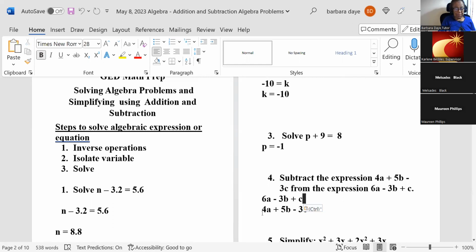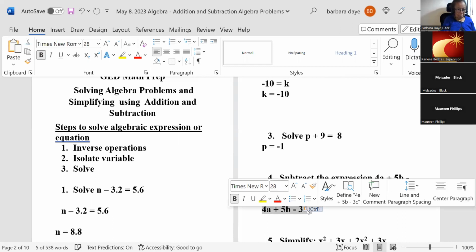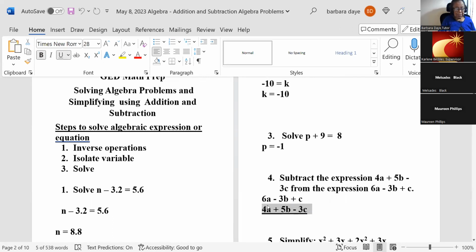So that means, let me underline, this is subtraction. Let me put it in parentheses, and you subtract it. So this is a minus out here.